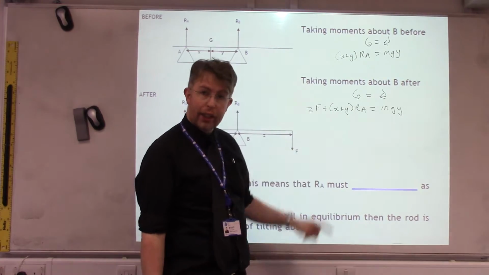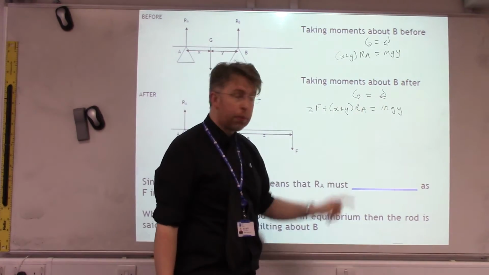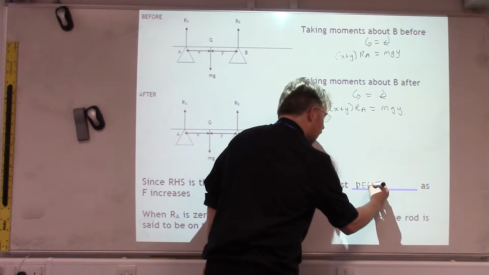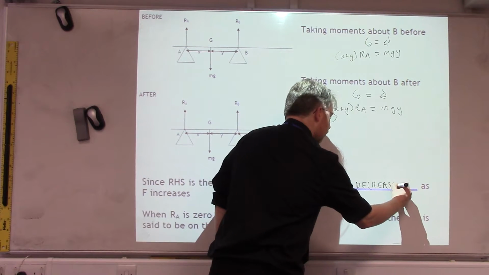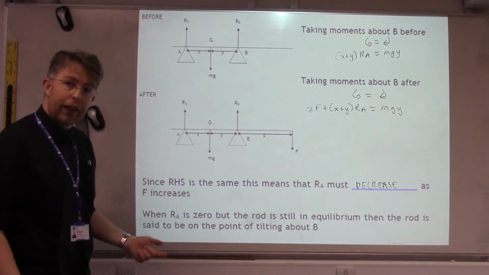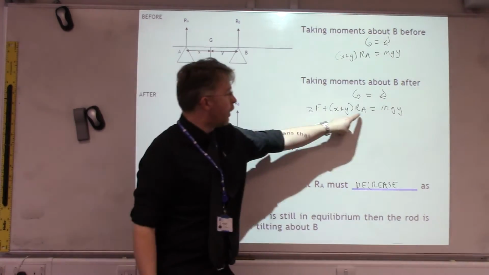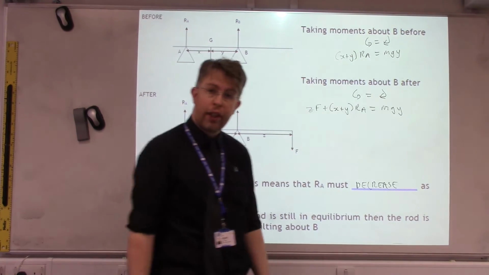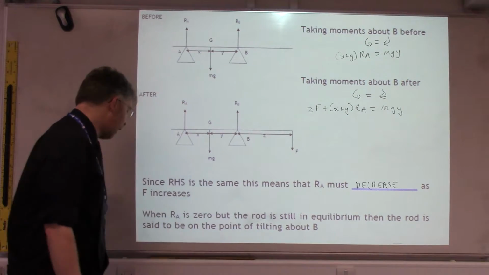Now x and y are distances that don't change, so it must be the reaction force that decreases. So RA must decrease as F increases. So the bigger F is, the smaller RA needs to be to cancel down so they would get the mgy.